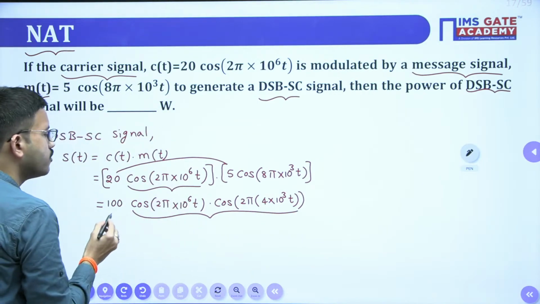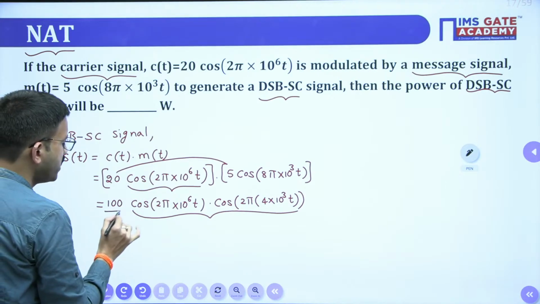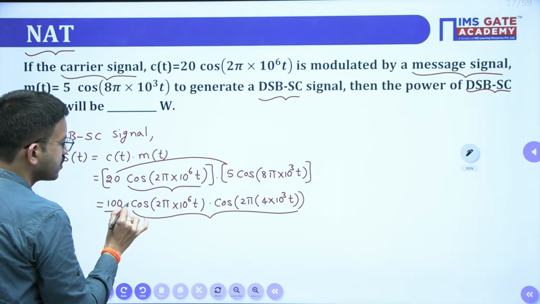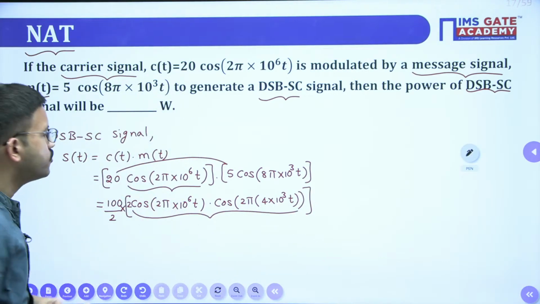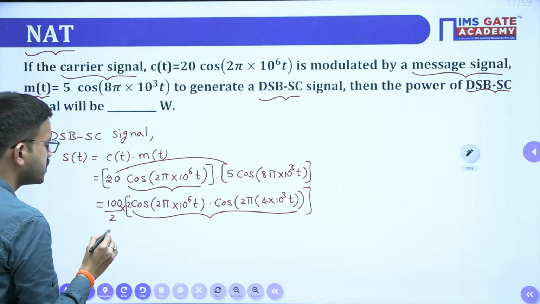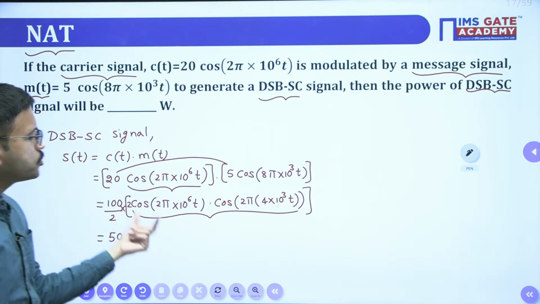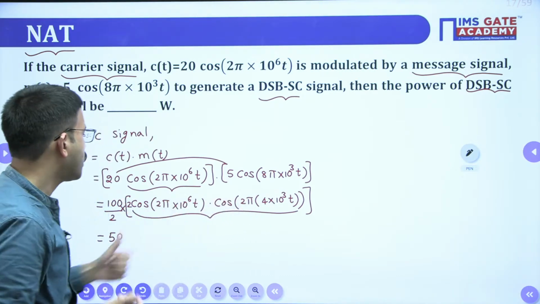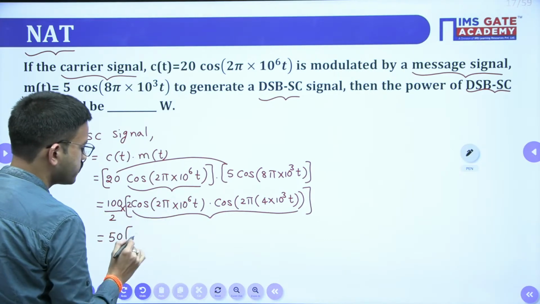I hope all of you know the standard formula regarding 2 cos A cos B. So you just multiply and divide with 2. Here 100 by 2 is nothing but 50. 2 cos A cos B is nothing but cos sum plus cos difference.